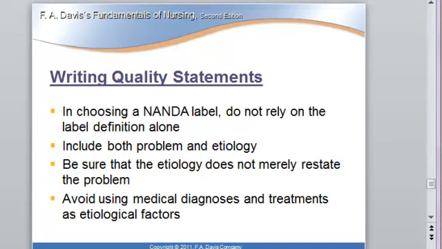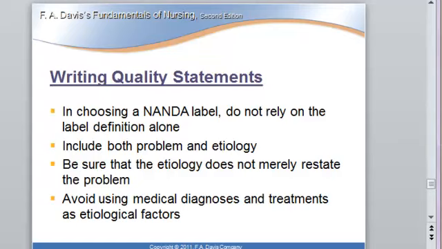In this slide, it's basically asking us to write quality statements when we look at our nursing process diagnosis. So there are some formats for diagnostic statement, and the diagnostic statement consists of that problem and an etiology that's linked by a connecting phrase.